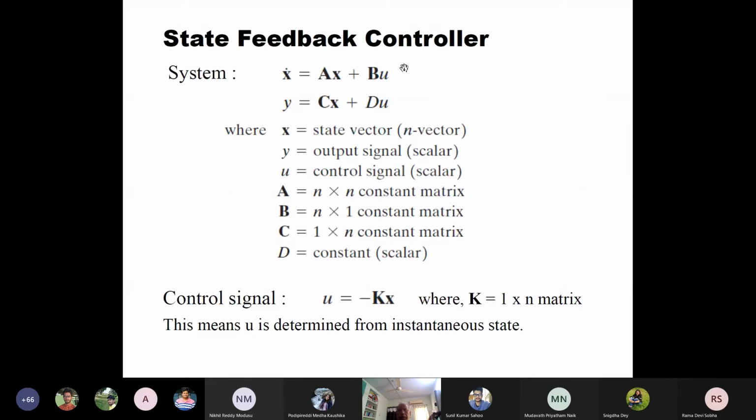Here basically we will design a state feedback controller. That means in this case, we feed back the state in the controller to get a controller output. We consider here a state space system with a single input and single output, that is, a SISO system.